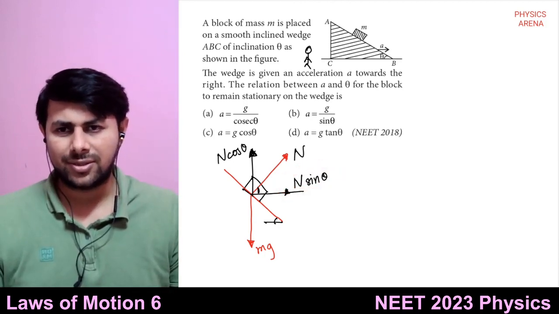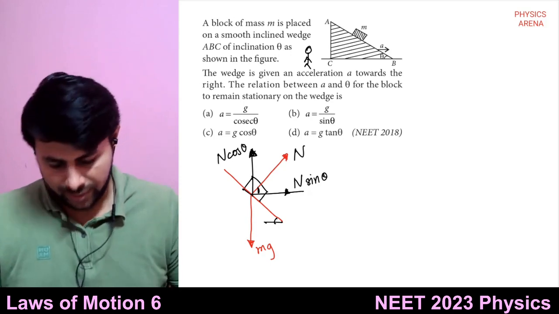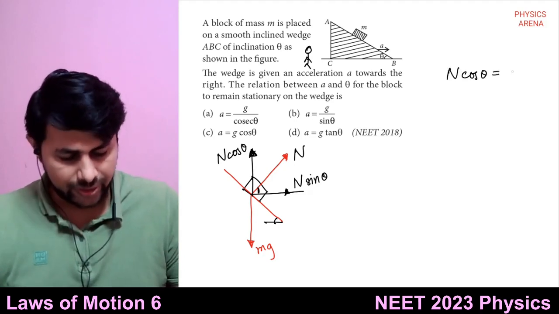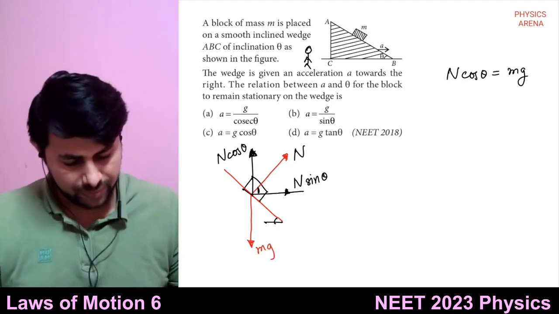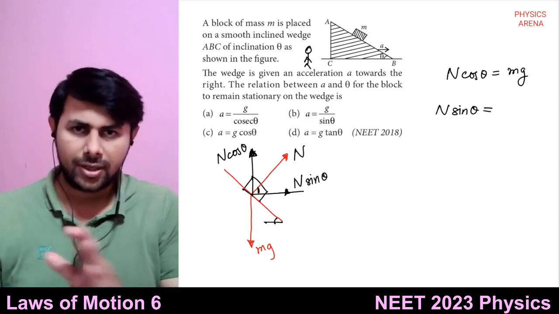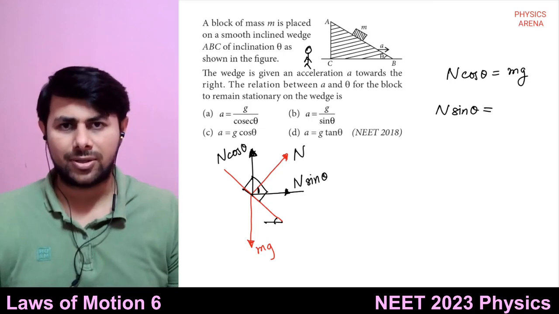Got this? Yes, no? Okay, so I can say N cos theta is equal to mg, and N sin theta is equal to what?